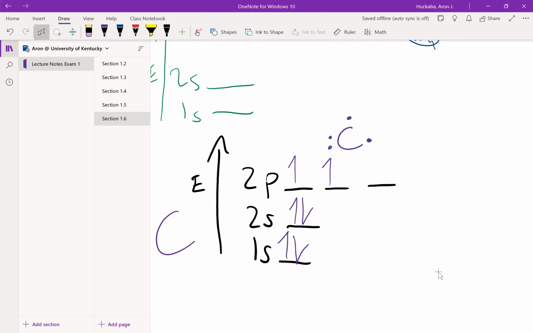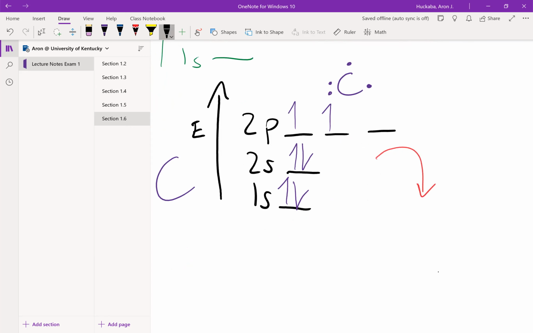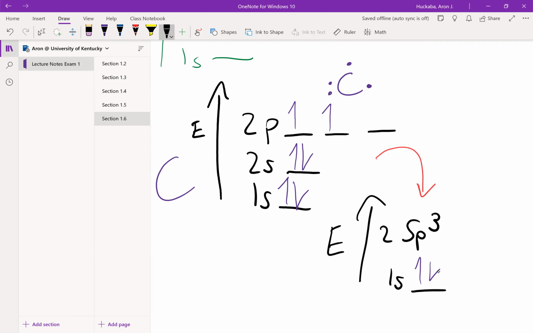So if instead we make a diagram that looks like this, where energy is increasing, and we have the 1s that's filled with 2 electrons like before, but now we combine the s and the p orbitals to give them all equal character, then we create what's called a 2sp3 set of orbitals that have 4 degenerate states.